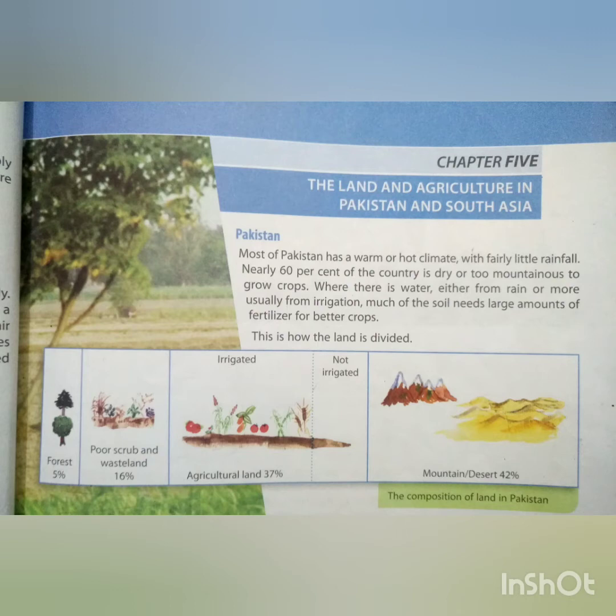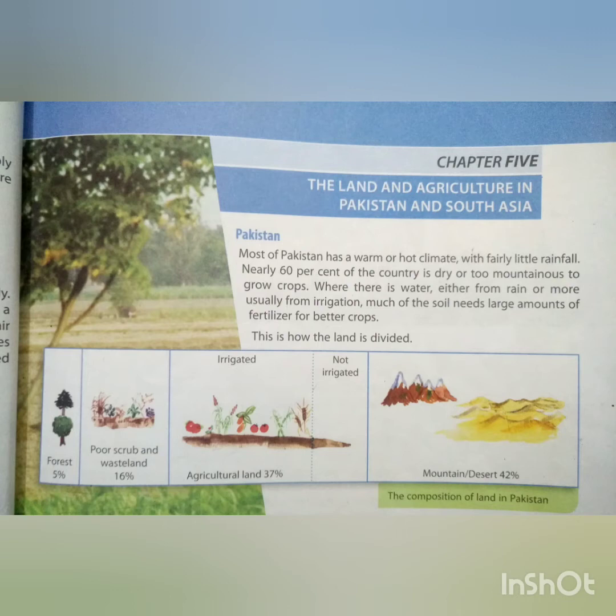Just 60% of the country's land is dry or mountainous, and this is why we cannot grow crops there. And the part of the land where there is water from the rain or from irrigation has the kind of soil that needs large amounts of fertilizers to grow crops.